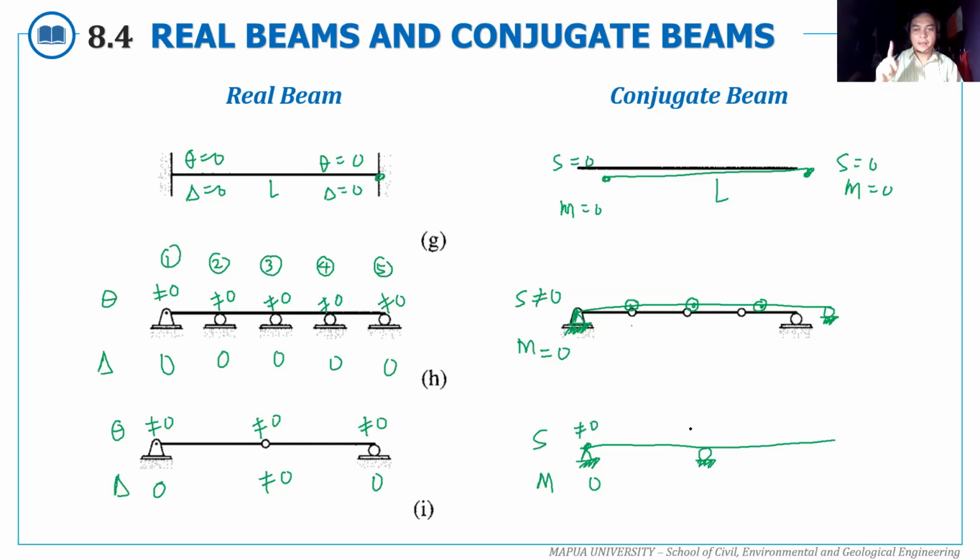So they're not both equal to 0. Then lastly, slope is not equal to 0, pero ang moment there is 0. So that would be a roller or a hinge. Pwede rin. Baka kasi may shear, pero moment there is 0. So yan yung magiging corresponding conjugate beam nung given real beam sa letter I.